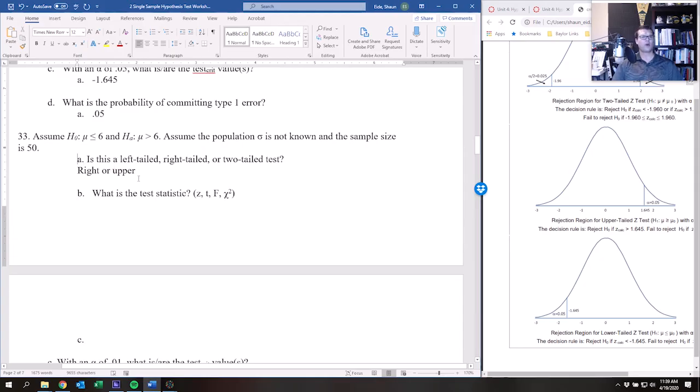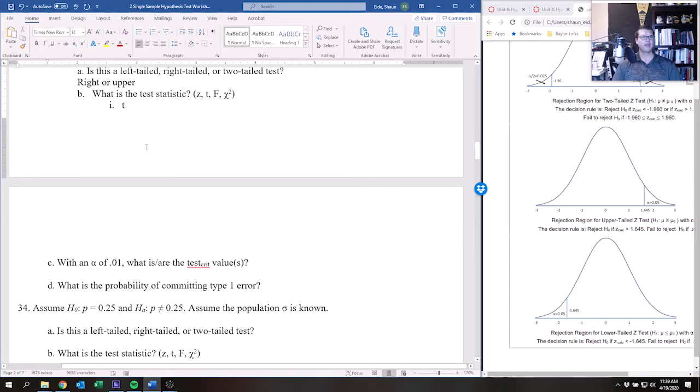So when we do not know the sample standard deviation, it is going to be t. Okay, so t is the test statistic, and then with an alpha of 0.01, what is the test critical value?